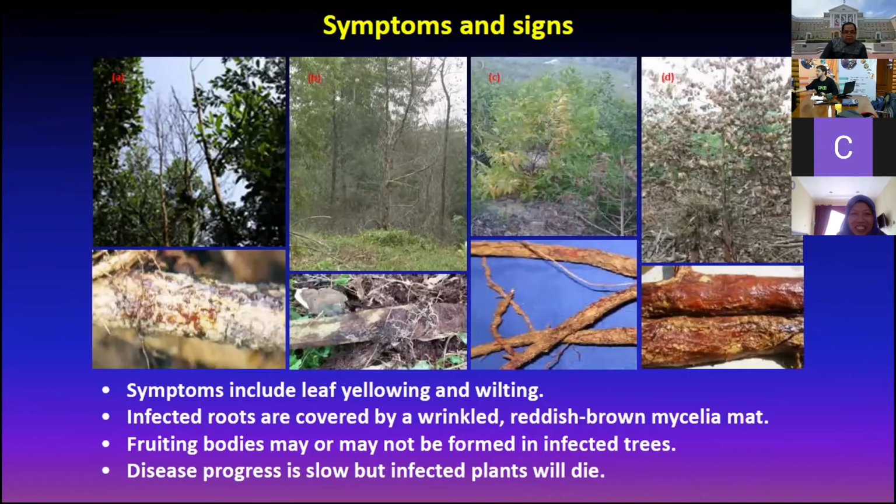Symptoms include yellowing and wilting, and infected roots are covered by reddish-brown mycelia. Fruiting bodies may or may not be formed, and the disease progress is slow, but every infected plant will finally die.